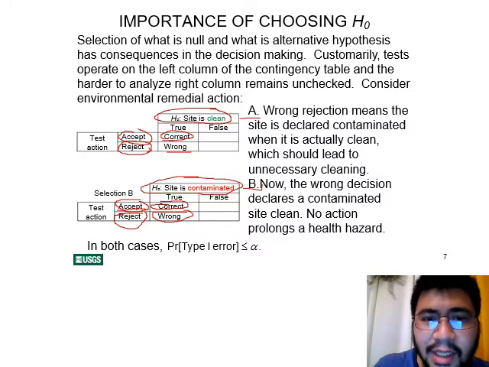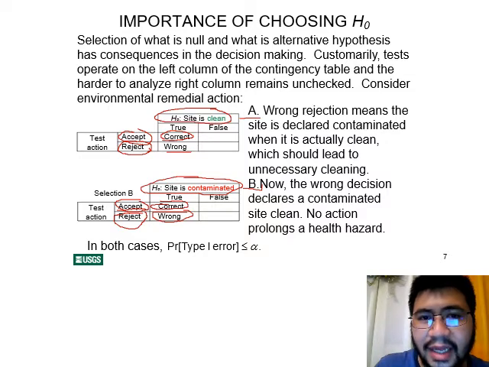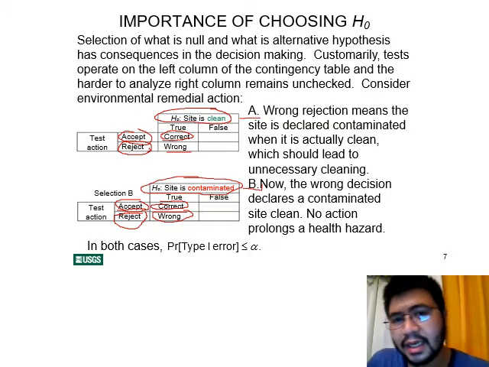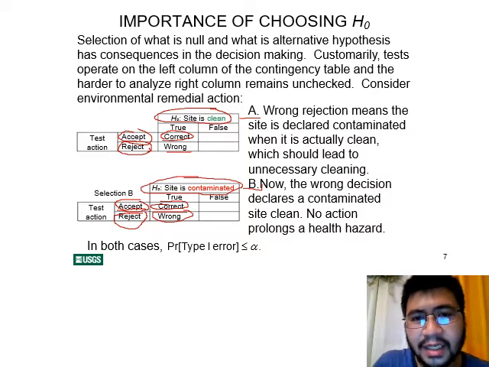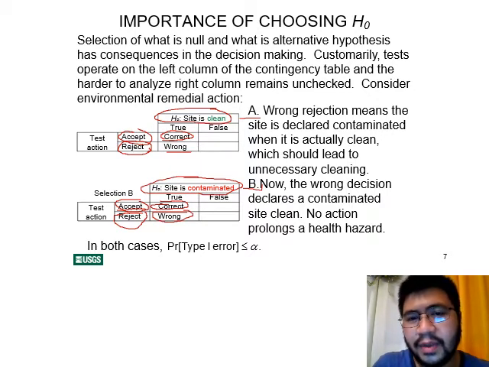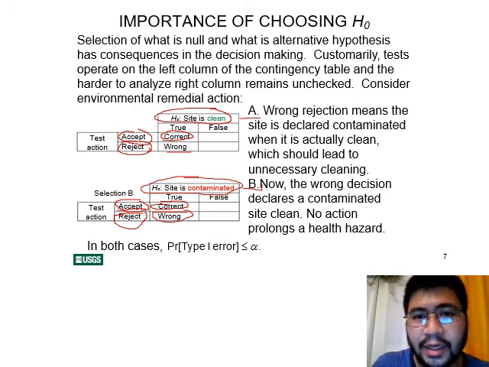If we are wrong, we end up doing nothing, and we end up leaving the contaminants in the site. People can get sick, and this can have legal consequences if you're a landowner, and possibly reputational consequences if you're a consultant. You made some bad decisions, and that would be a big trouble for your career.